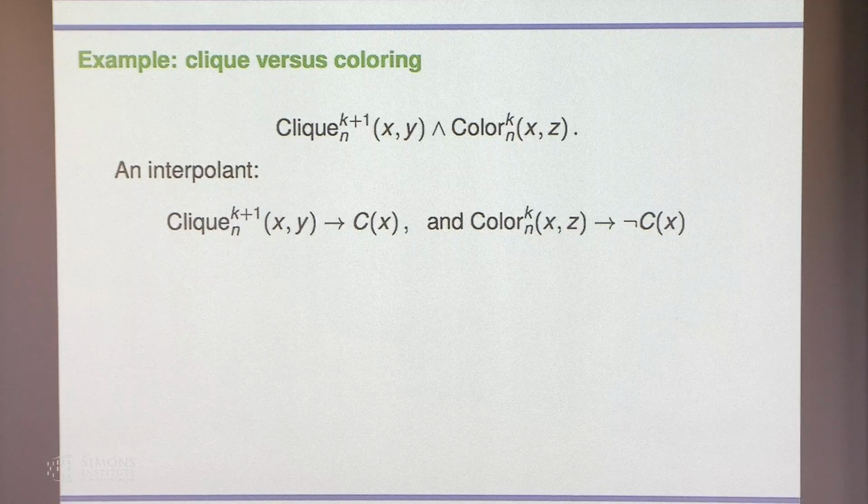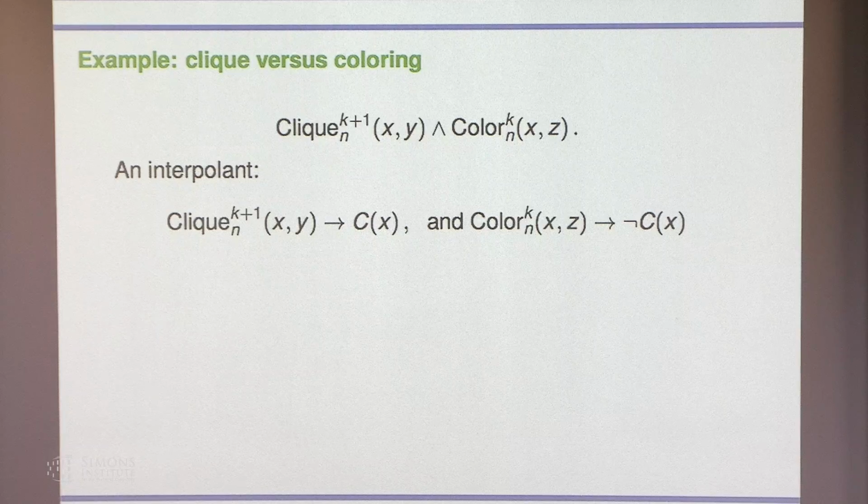And the interpolant, what it does is the following. So if you have a graph which is k plus 1 colorable, then the interpolant must accept the graph. If you have a graph which, did I say colorable or clique? You said colorable, but yes. If it is a k plus 1 clique, then the interpolant should accept it. If it is k colorable, the interpolant should reject it.